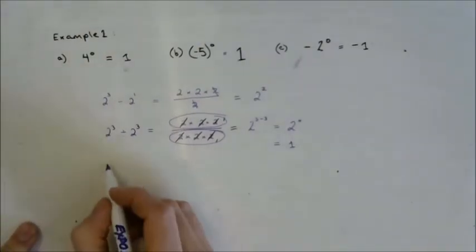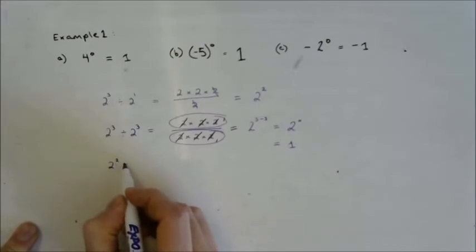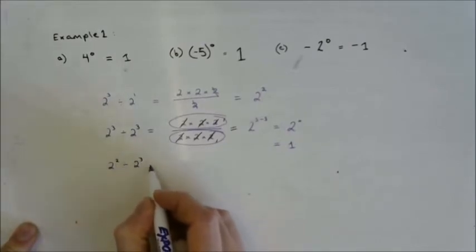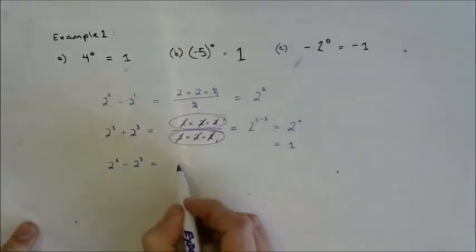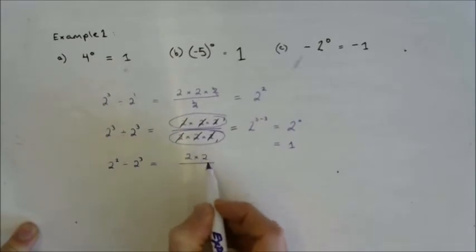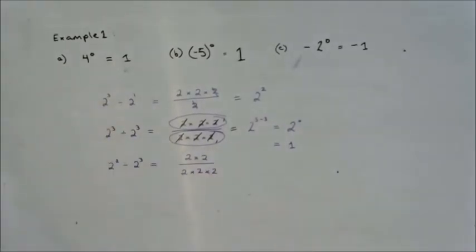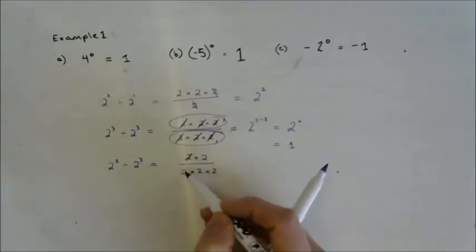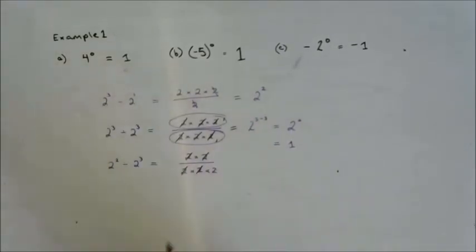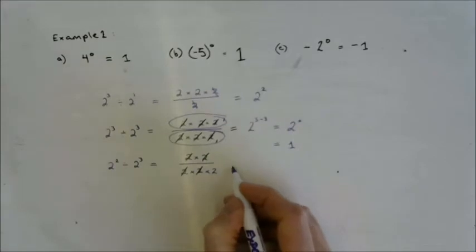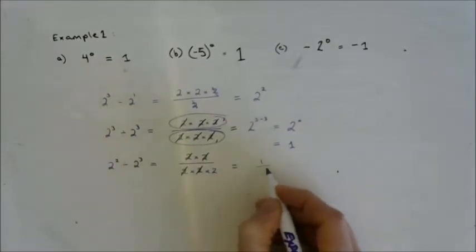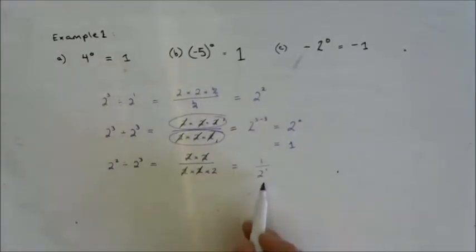And then if we got into negative exponents, which we're not going to do right now, but basically this is saying, okay, well now there's only 2 factors in the numerator, but there's 3 factors in the denominator. So when we cancel out, we actually end up with 1 factor left over in the denominator, which gives us 1 over 2 to the power of 1.